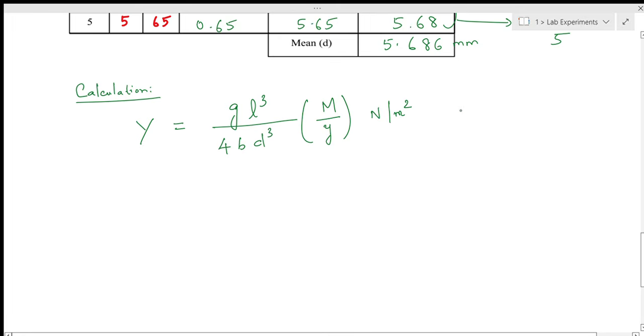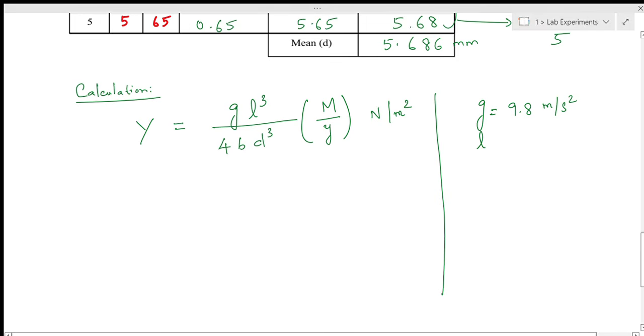The values what we have obtained should be written. So G is 9.8 meter per second square, acceleration due to gravity.